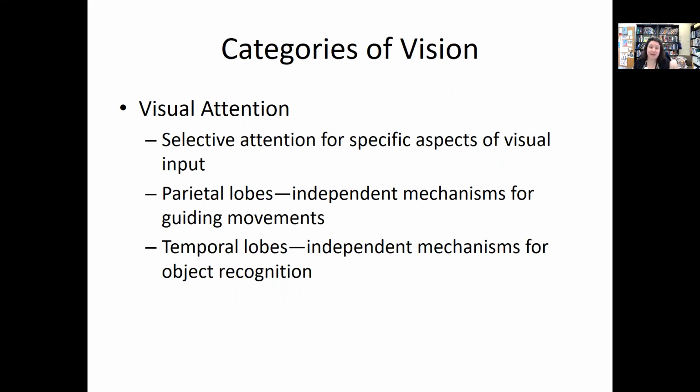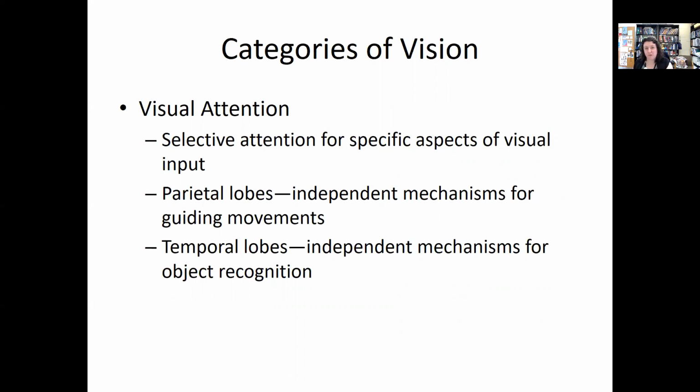But you're able to hone in on my face or even just on the PowerPoint, right, as you watch me because of your ability to engage your visual attention. So we have mechanisms for helping guide movements in the parietal lobes, and then in the temporal lobes, there are mechanisms for object recognition. So again, that's going to tie in as well.